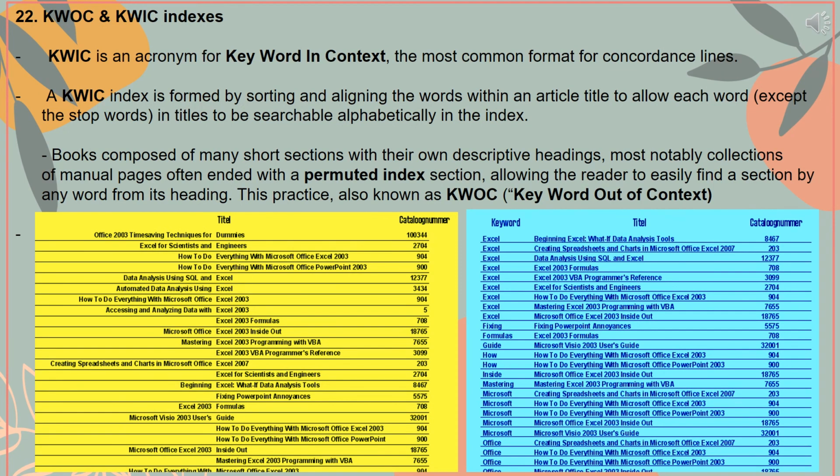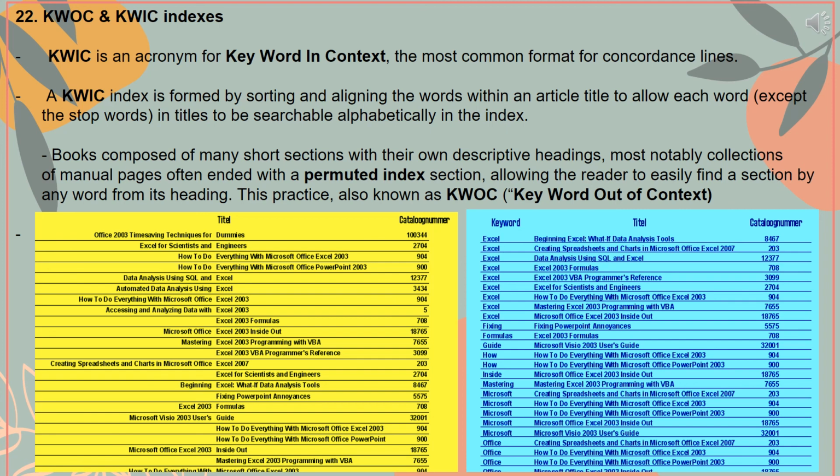Okay, the last type of indexes is KWOC and KWIC indexes. KWIC is an acronym for keyword in context, the most common format for concordance lines. A KWIC index is formed by sorting and aligning the words within an article title to allow each word in titles to be searchable alphabetically in the index.